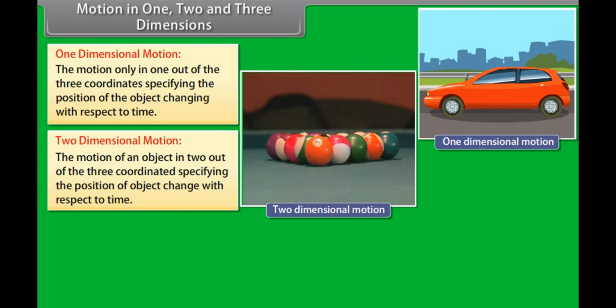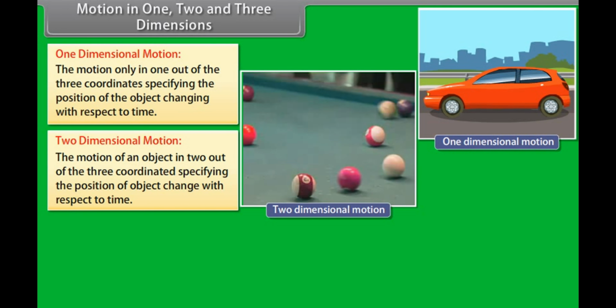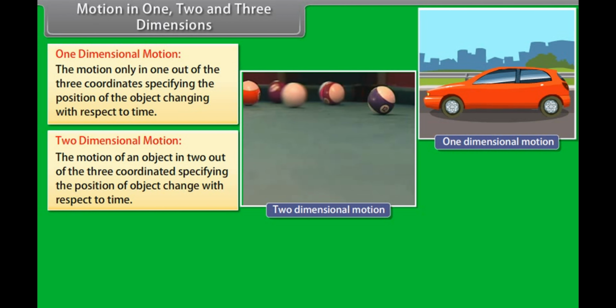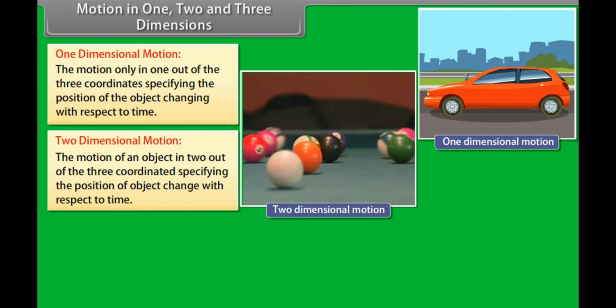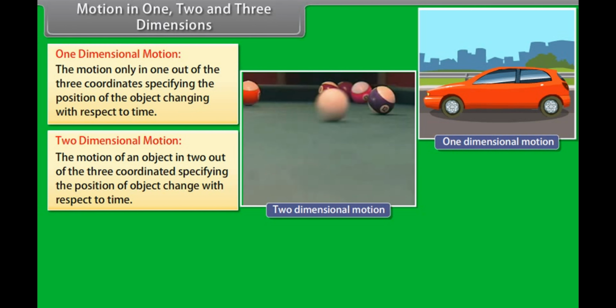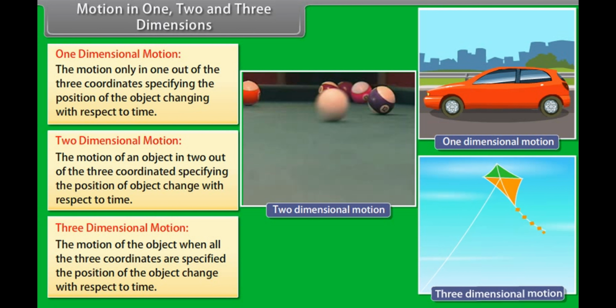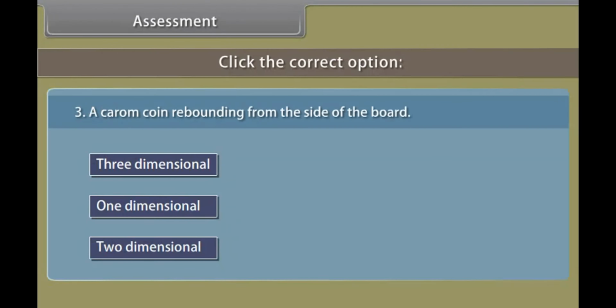The motion of an object in which 2 out of 3 coordinates specifying the position of the object change with respect to time. Example: a billiard ball moving over a billiard table. Three-dimensional motion. The motion of the object when all the 3 coordinates specifying the position of the object change with respect to time. Example: a kite flying on a windy day.